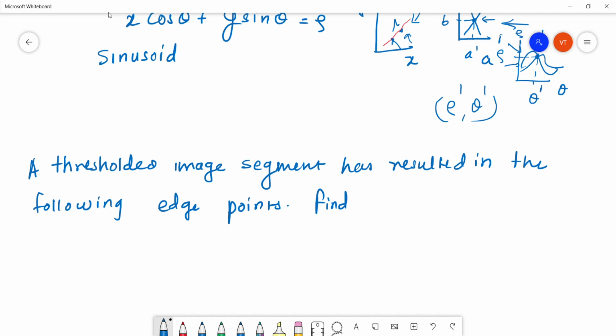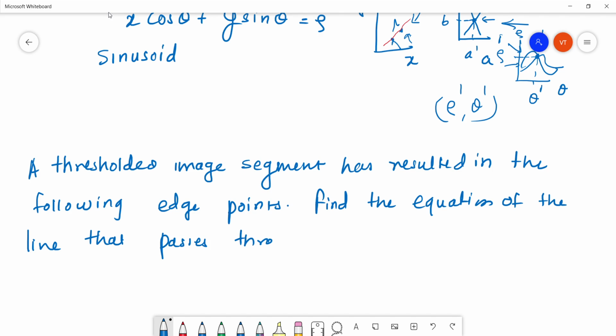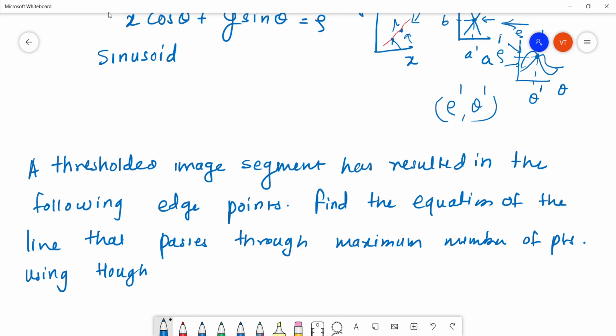Find the equation of the line that passes through the maximum number of points using Hough transform.